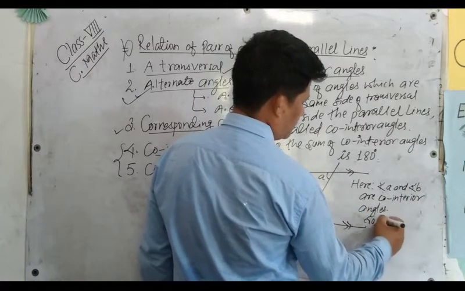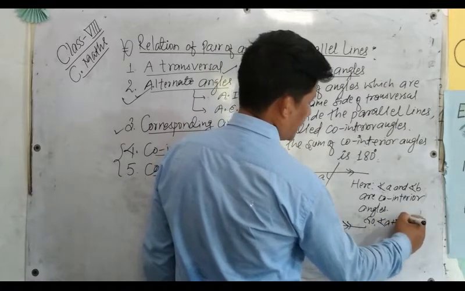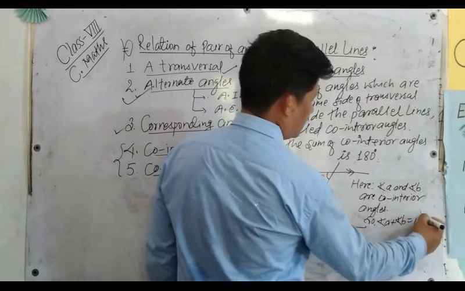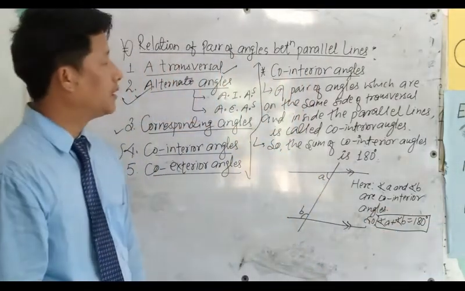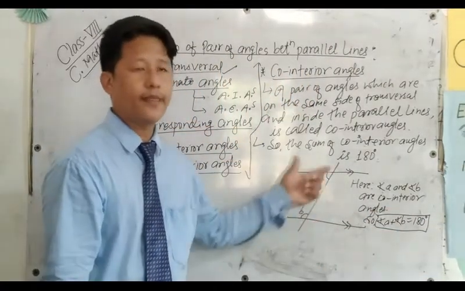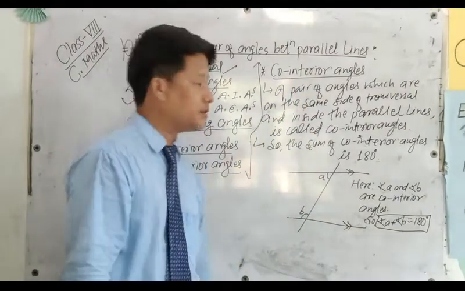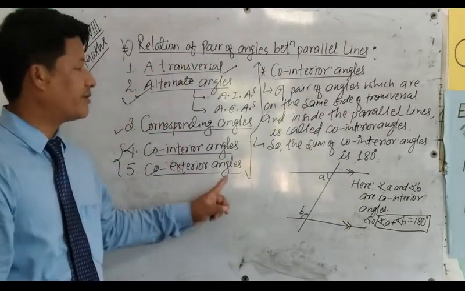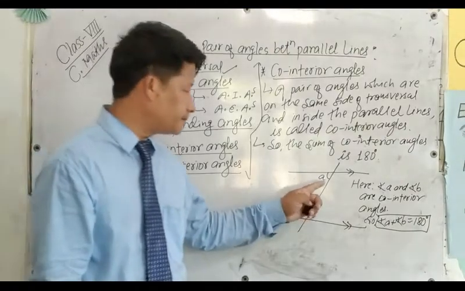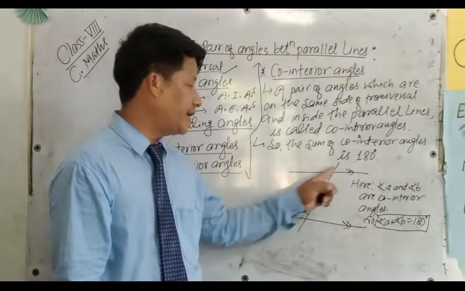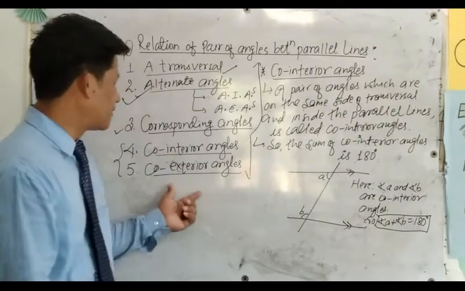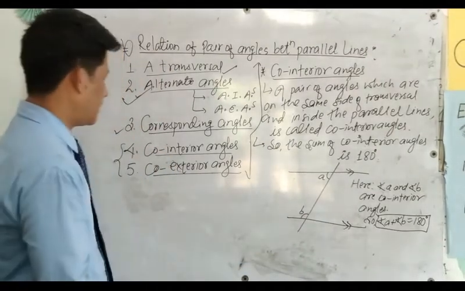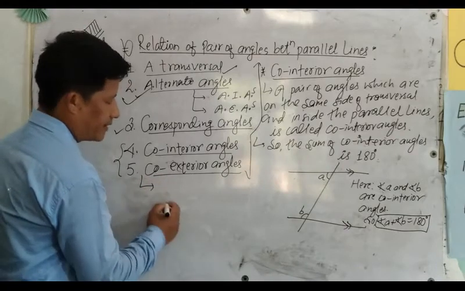So angle A plus angle B must be 180 degrees. In this way you can define the co-interior angles and also the co-exterior angles. If you take the vertically opposite angle of A and the vertically opposite angle of B, then you can define the co-exterior angles.